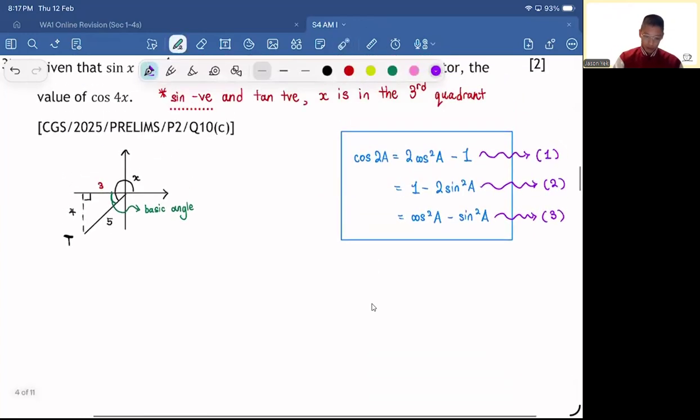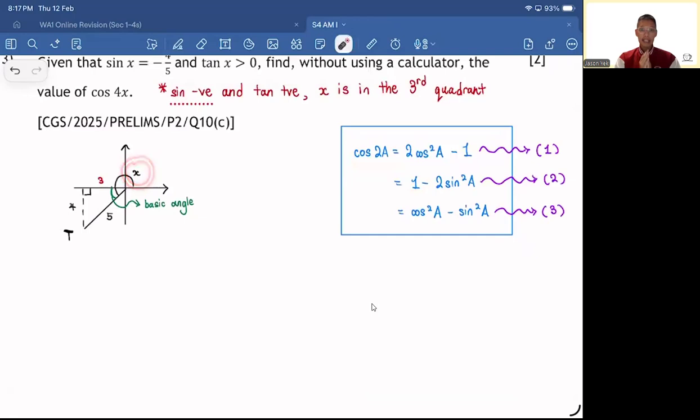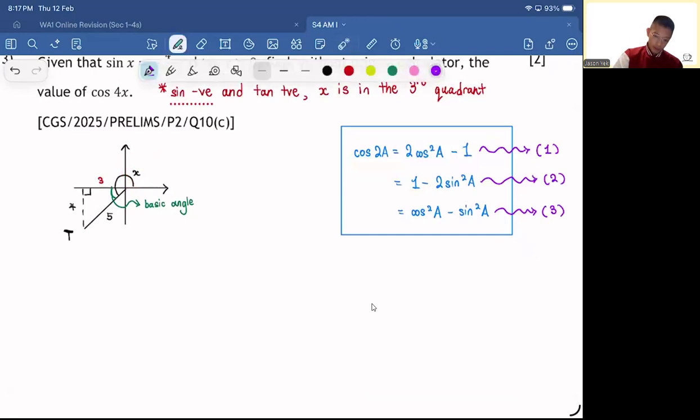Now, we know cosine 4x. I want to break it down further, so the angle has to be divided by 2 because ultimately I want to solve for x. Follow your thought process. Cosine 4x is 1 minus 2 sine square 2x. Some may ask, how do we get the 2 sine square 2x?